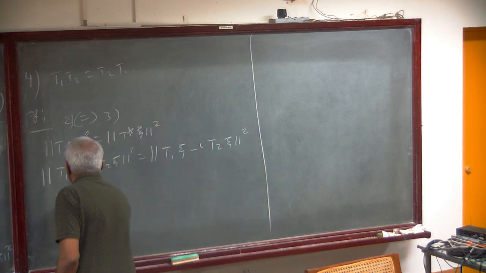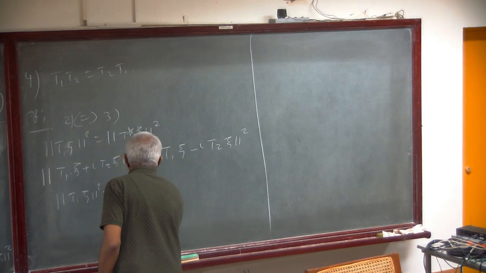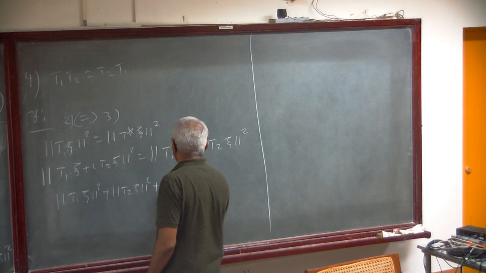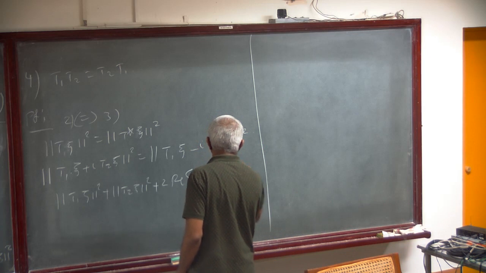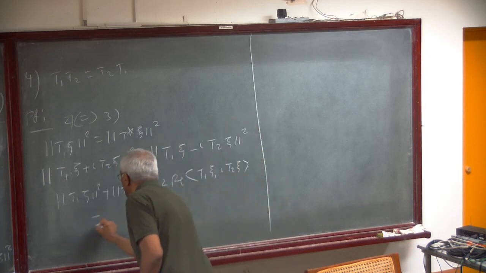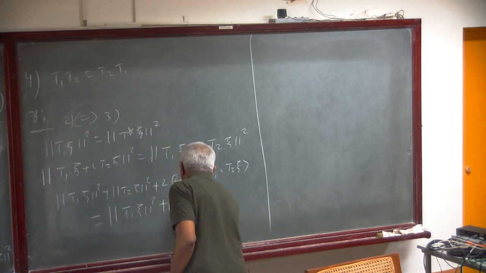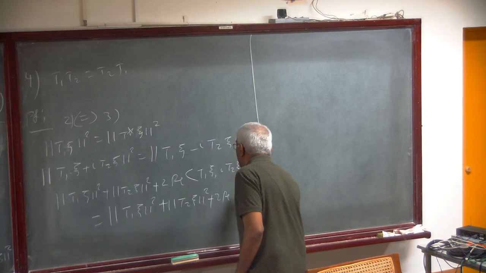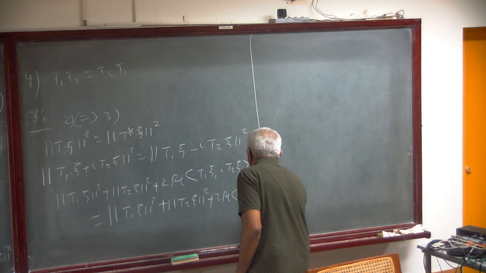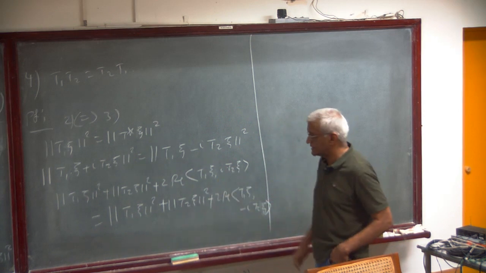And this is equal to norm T1 ξ squared plus norm T2 ξ squared plus 2 real part of the inner product of T1 ξ with iT2 ξ. Equal to the same thing, norm T1 ξ squared plus norm T2 ξ squared plus 2 real part of T1 ξ with minus iT2 ξ, except we have a minus here. These two are equal. That's what this says.